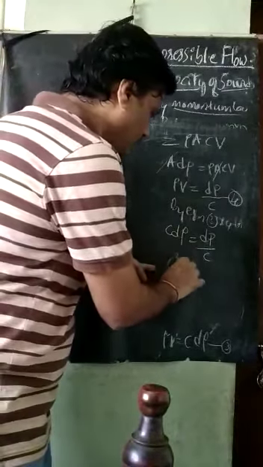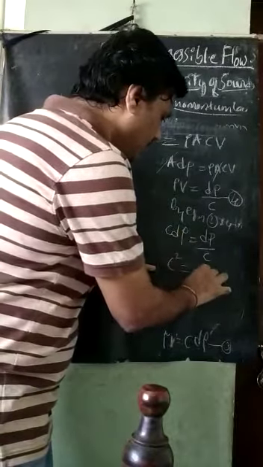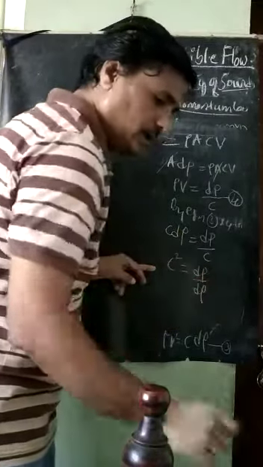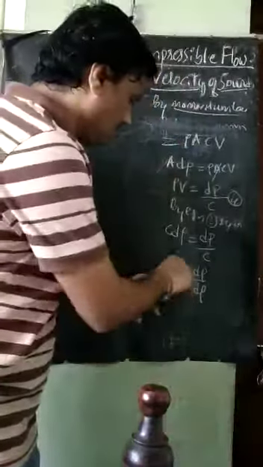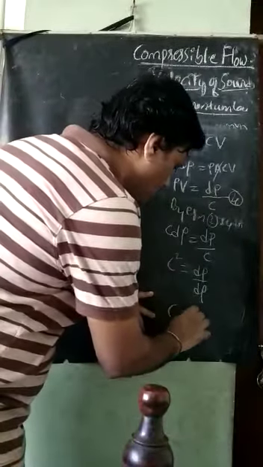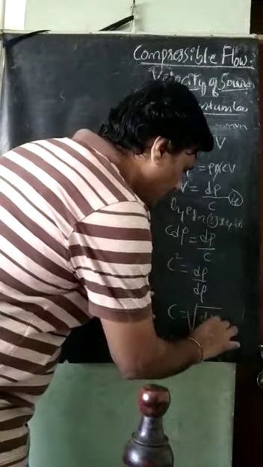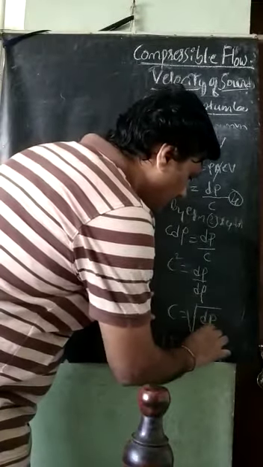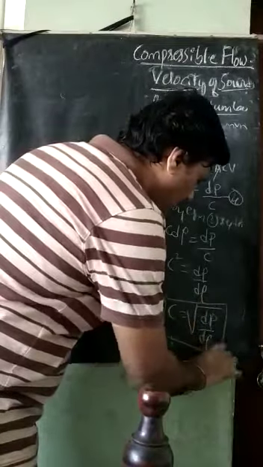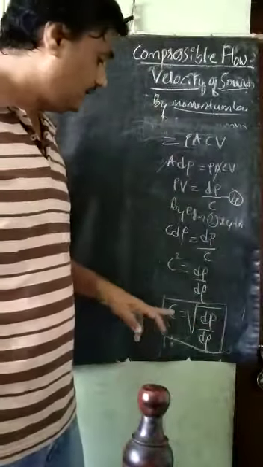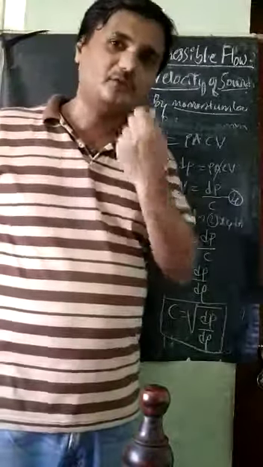This C square is equal to dP divided by d rho. Simplifying again, C is equal to the square root of dP divided by d rho.